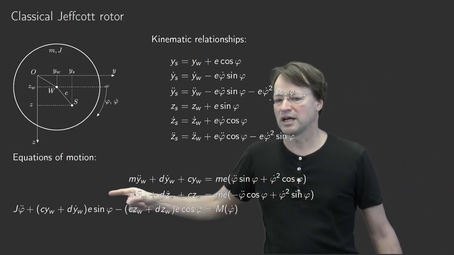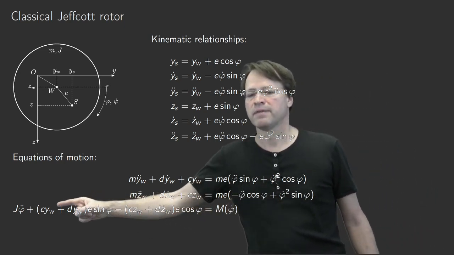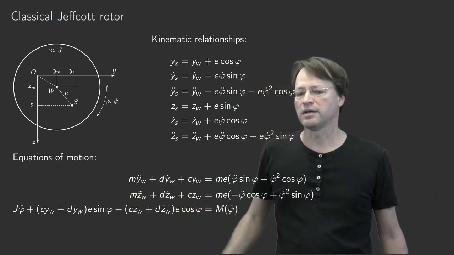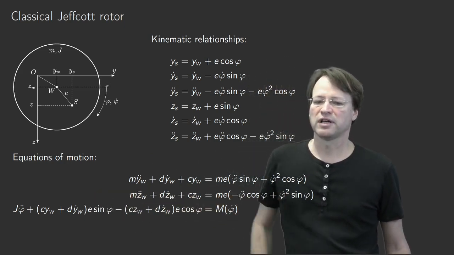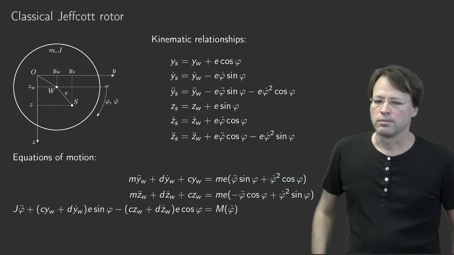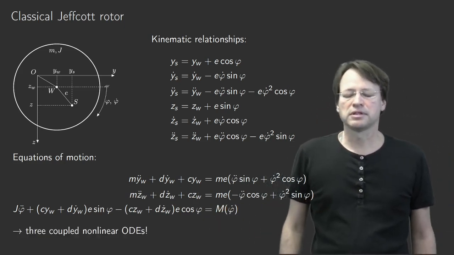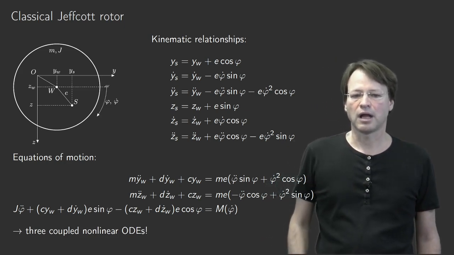And if you look at the last equation, then there are some more nonlinearities. You multiply the coordinates of y and also the velocities by sine phi, and you do the same with cosine phi. So we have three coupled nonlinear ordinary differential equations.